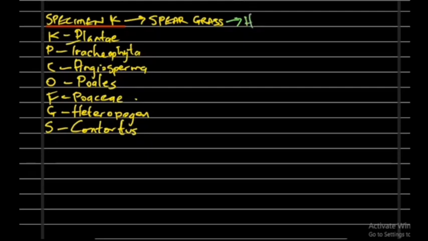So it is going to give us this as its scientific name: Heteropogon contortus. That will be the scientific name of this particular organism, the speargrass. So what do you want to say about it?